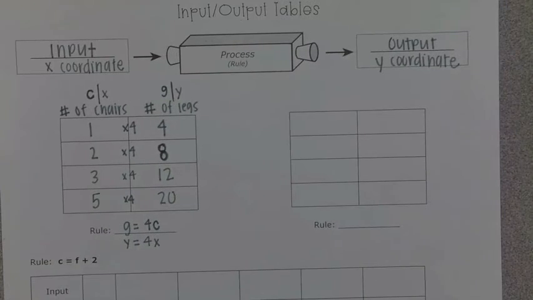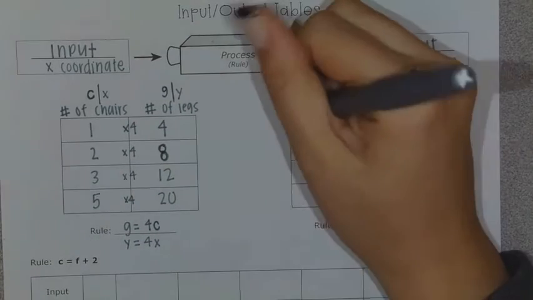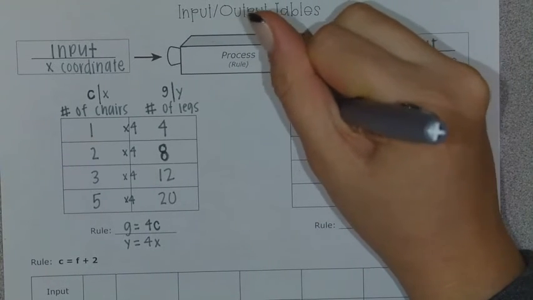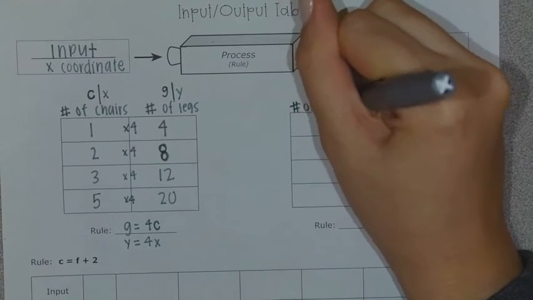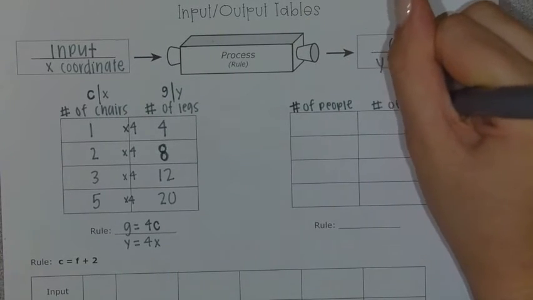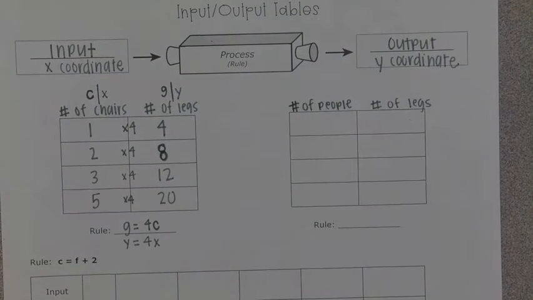So let's create this in our notes. The things that we were comparing would be the number of people and the number of legs. Okay, so again, I'm going to pick some variables here.